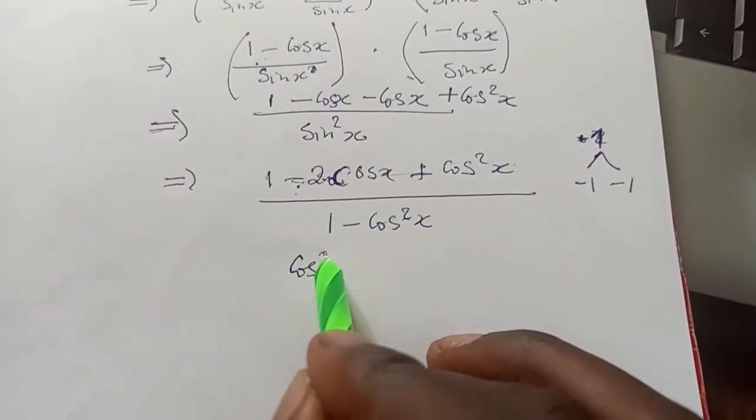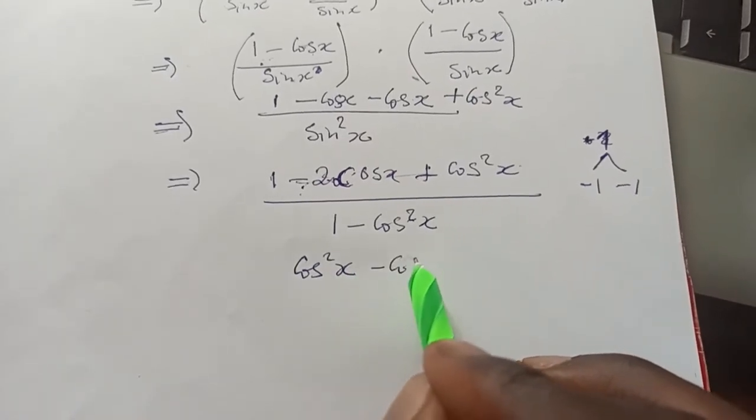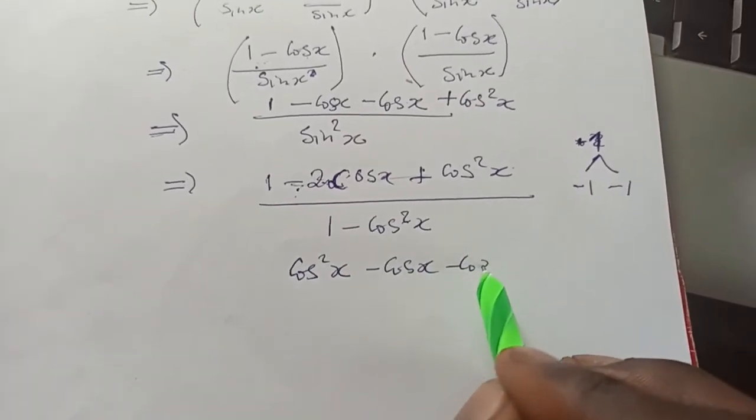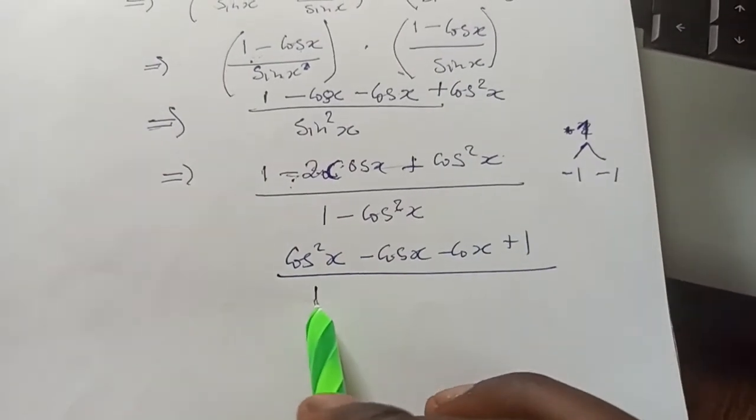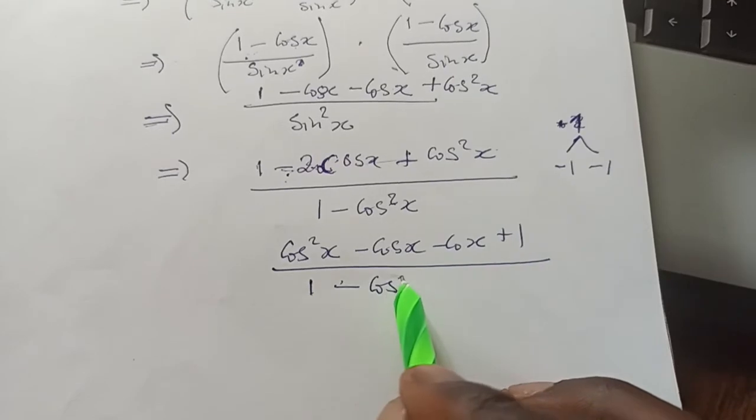So we get (cos x − 1)(cos x − 1) over 1 − cos²x.